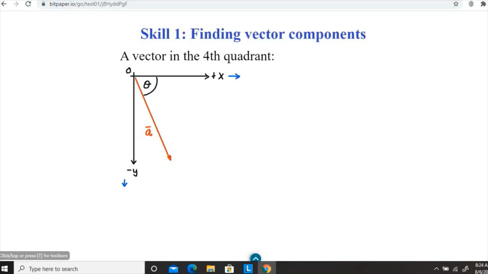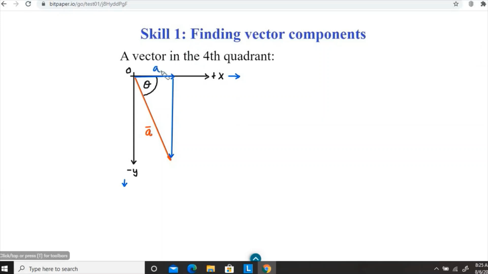So then the component vectors will represent the two sides of the right angle triangle, just like this one. This component vector represents the positive x direction, and this component vector represents the negative y direction. Let me label those vector components.